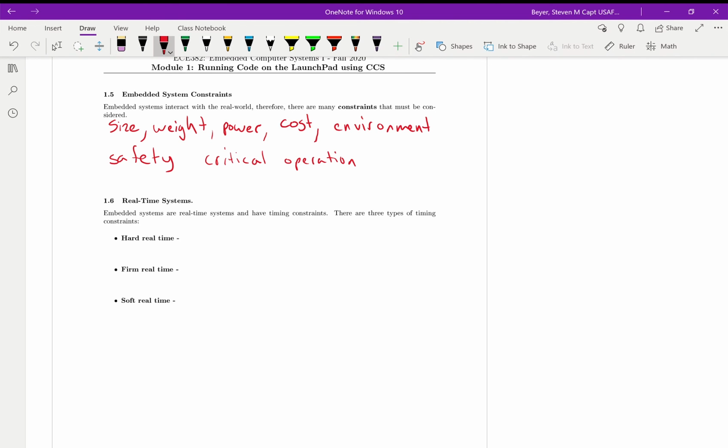Is this a safety critical operation? So that means it must function correctly. You can't have your airbags have a malfunction during a crash. And must not function incorrectly.